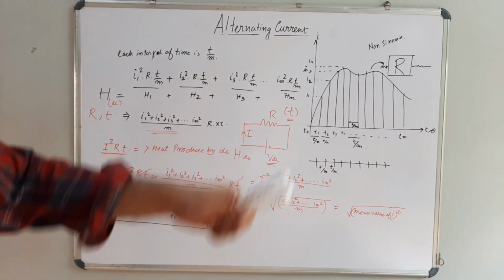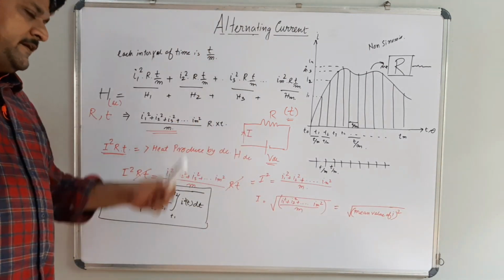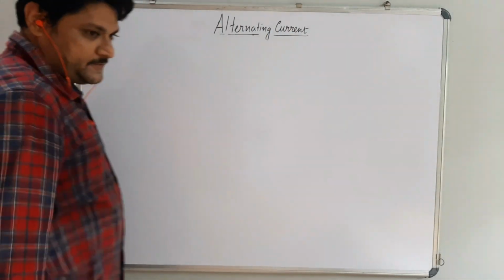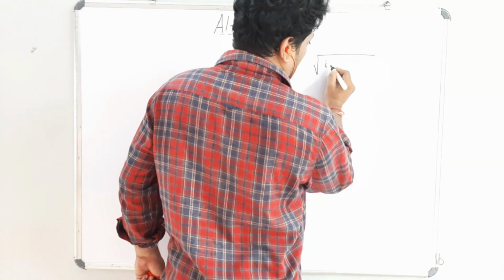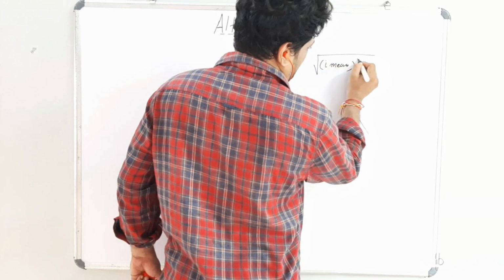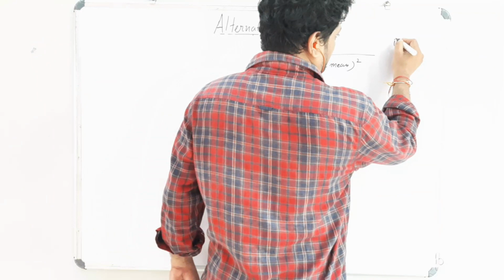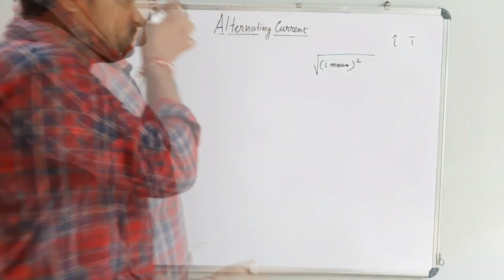Why does it stand for root mean square? It stands for root mean square in the context of the heat produced or the work done. So in the context of work done, the RMS value can be expressed as the root of the mean of I square.